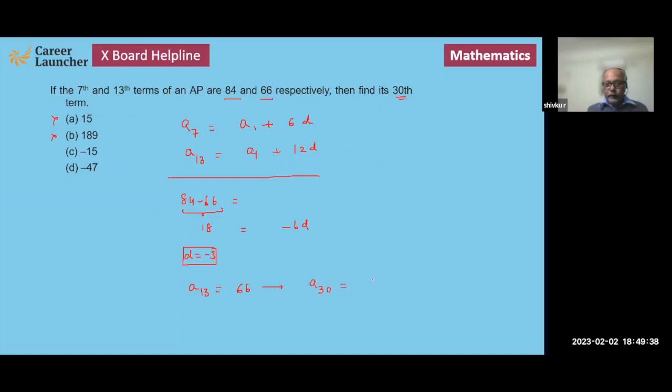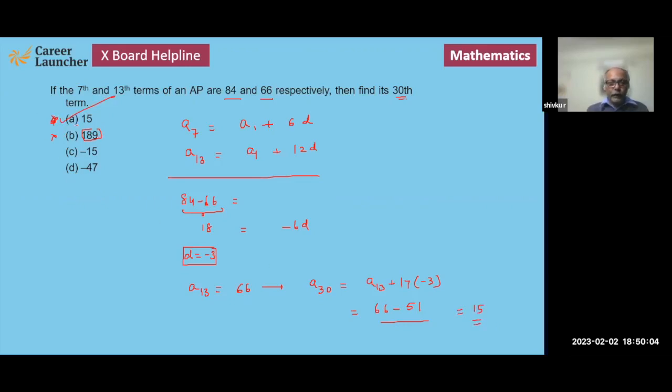A30 will be equal to A13 plus 17 times minus 3, 17D, right? Which is equal to 66 minus 51. Sorry, so the correct answer to this, so it cannot be 89, right? The correct answer is 15.